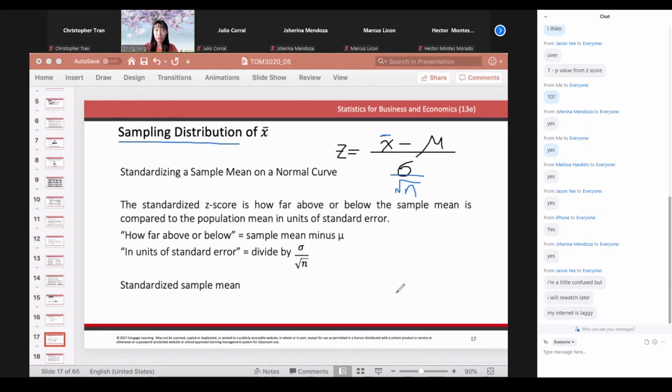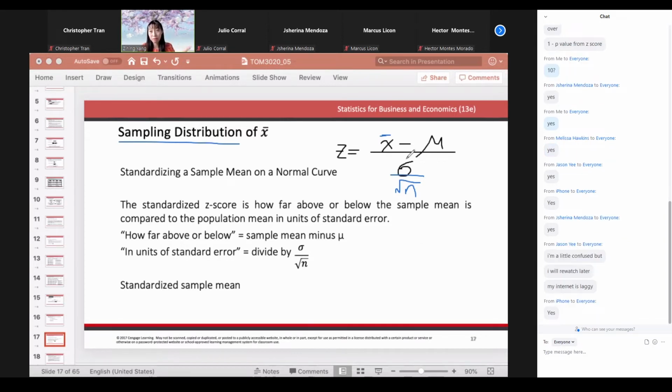So can everyone see the difference right here, what I added to the old formula? Are we okay here? Yes.